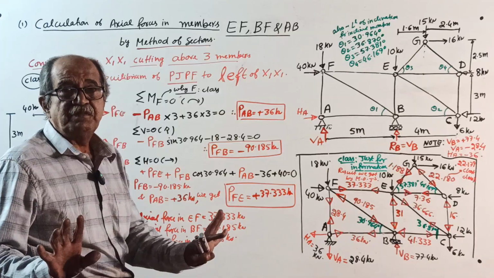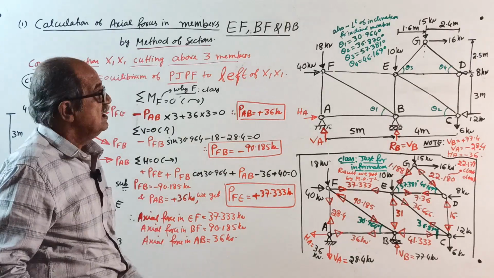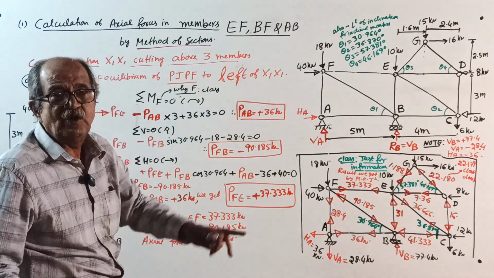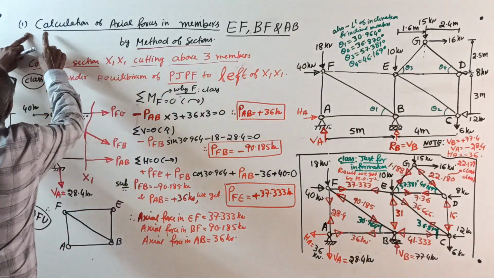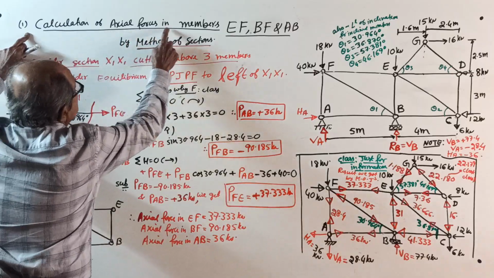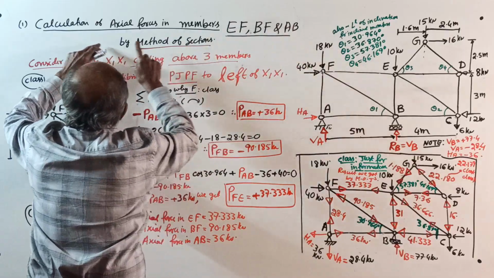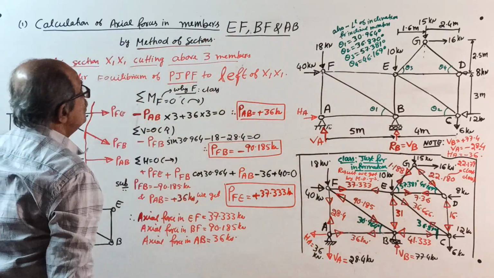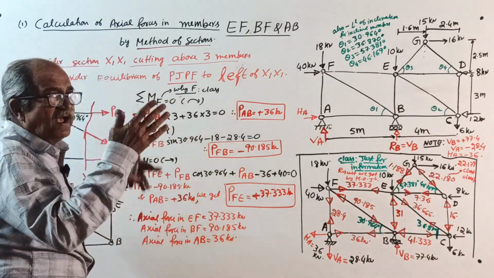Start now, systematically solve. There are 3 questions given. I noted down the member somewhere there, you cannot see it, so first see the question there. First question: calculation of axial forces in the members EF, BF, and AB by the method of sections. Consider the section, which you usually call XX.